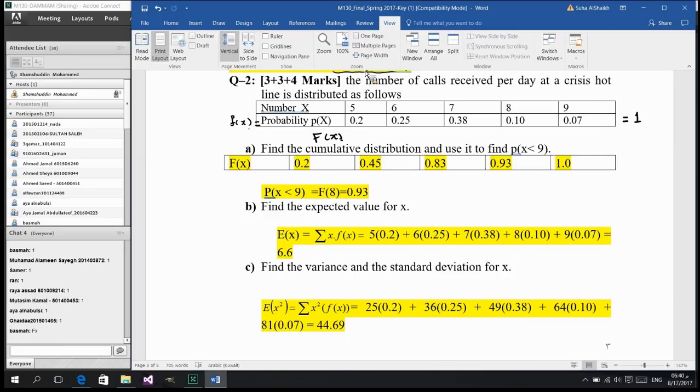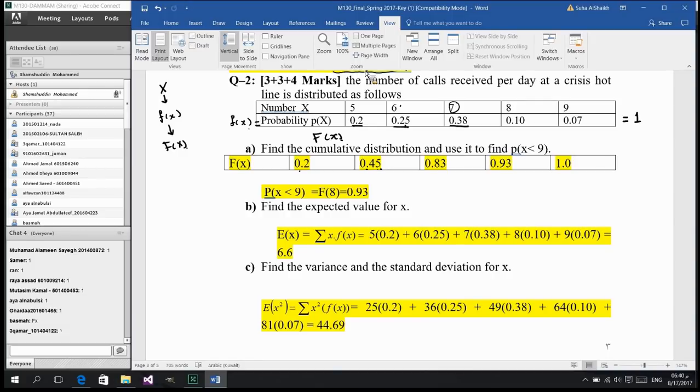we have the probability distribution f(x). We have a random variable. From it I get small f(x), and from there I can get capital F. How? For 5 it is 0.2. For 6 it is 0.2 plus 0.25, which is 0.45. For 7, we add 0.2, 0.25, 0.38.